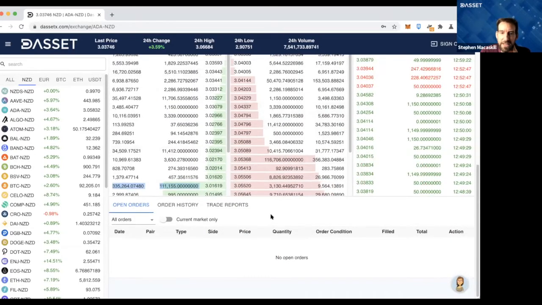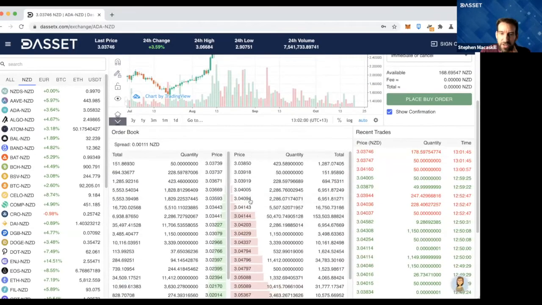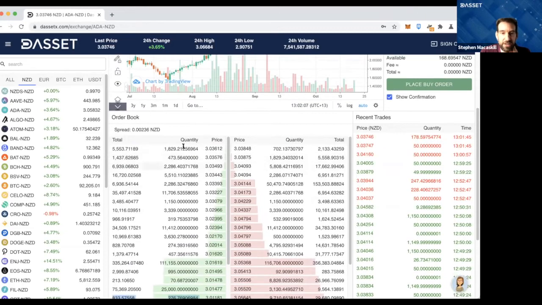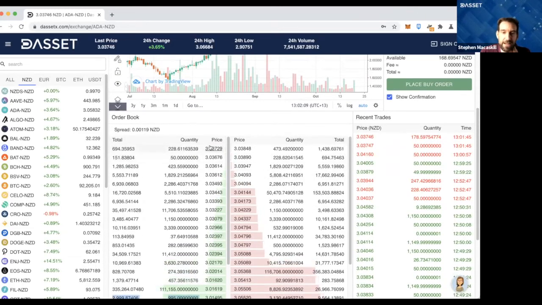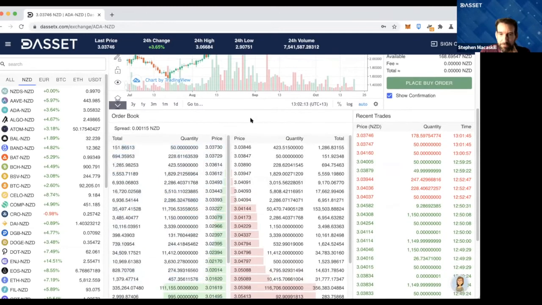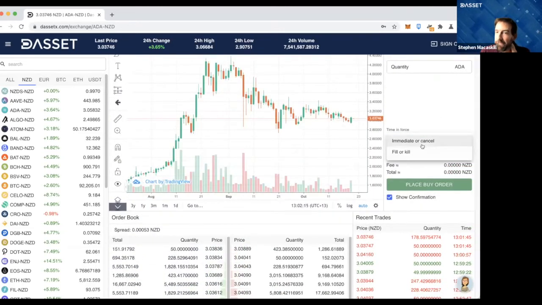You can see the prices people are selling at. These are people who've added liquidity to the order book. You can see the prices that people are buying at. These are people that have added New Zealand dollars to the order book wanting to buy. And so we have time in force, fill or kill, or immediate or cancel.